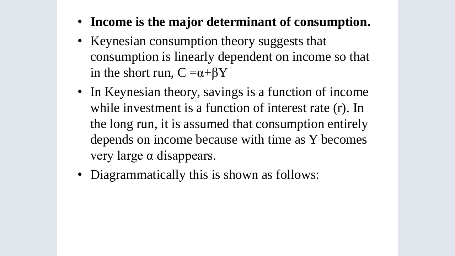The Keynesian consumption theory suggests that consumption is linearly dependent on income, so that in the short run, we have a function made up of autonomous consumption and the part that depends on income. Now, in the Keynesian theory, savings is a function of income, while investment is a function of the interest rate.